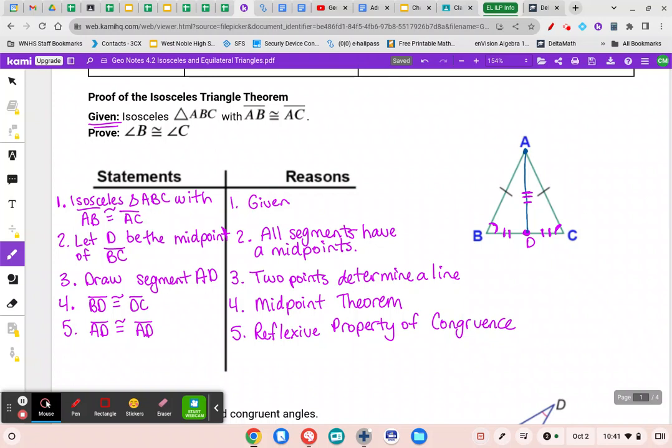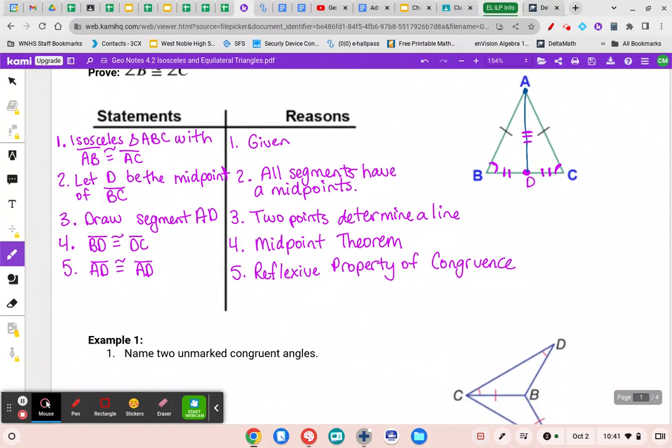Now, this proof is a little weird because these last two steps are actually something that we haven't learned yet. We'll actually get to this soon. So don't freak out if you're like, I do not understand what she is saying. That is true. You do not yet know. We have a triangle ADB congruent to triangle ADC.